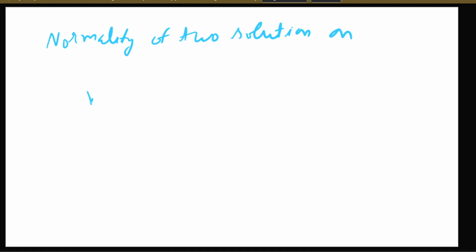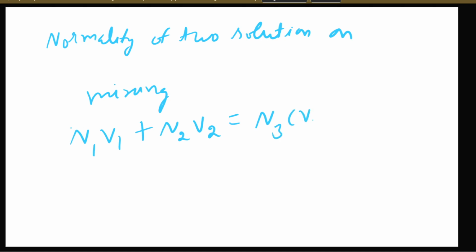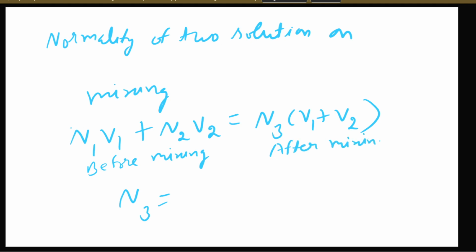And the normality of two solutions on mixing: n3 is equal to n1 v1 plus n2 v2 divided by v1 plus v2.